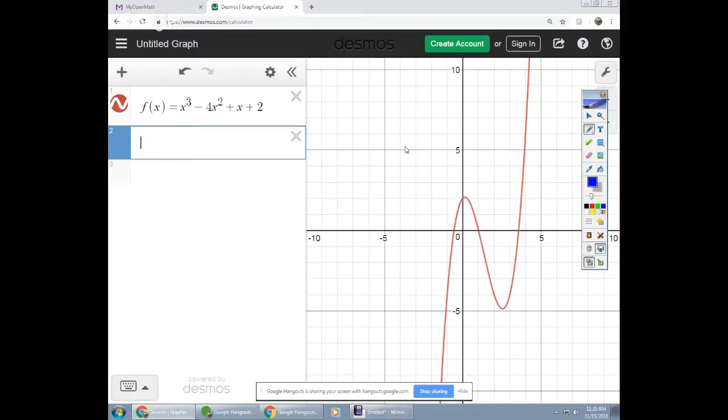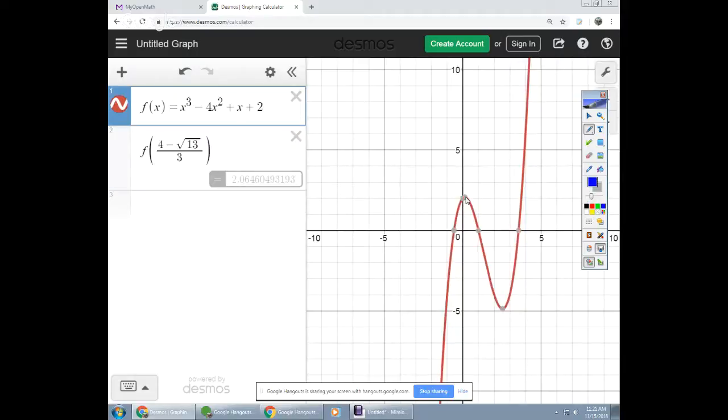And then the numbers I found were these, let's see, minus first, minus the square root of 13 all over 3. So the y value is about 2, that would be this one right here, 2.065-ish. Yep, there's that one, and 0.13-ish.